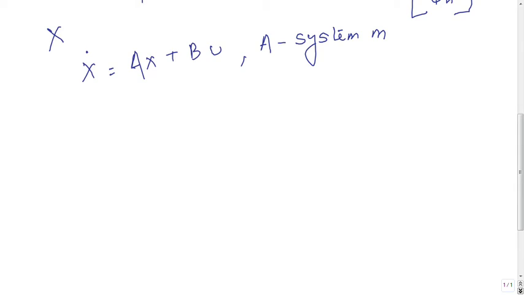The evolution of the state vector follows the dynamical equation, x dot is given by A times x plus B u, where A is called the system matrix, B was called the control matrix.